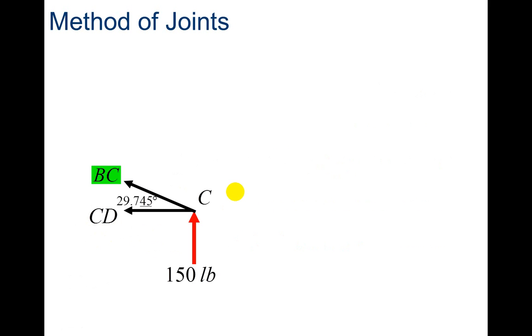Okay, so now I'm going to go over to the other joint that has the reaction on it. You always want to do those first because that is where you have most of your information. So the sum of all my forces in my y have to equal 0. All right, so my RCy, which is 150, going up, so it's positive, plus BCy, which is this vector right here.